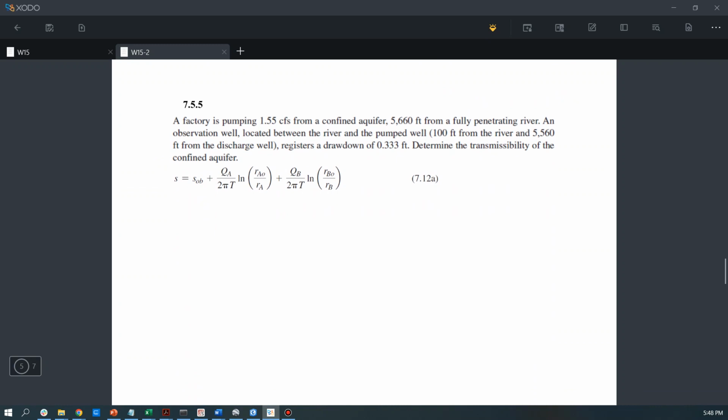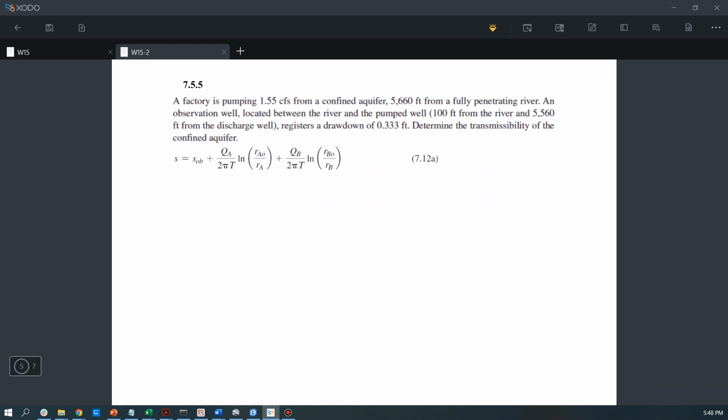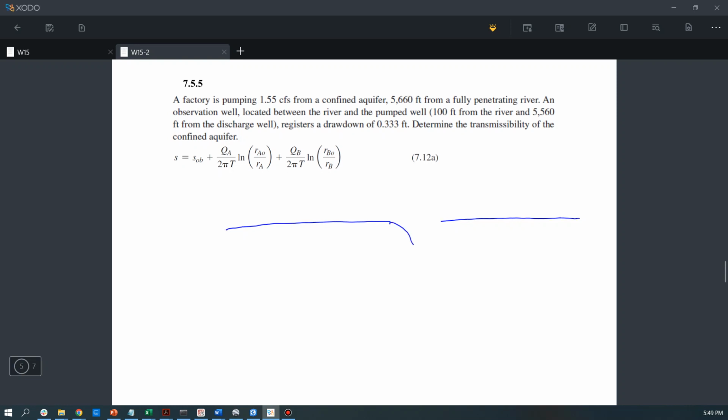Okay, let's move on to the next one, problem 7.5.5. So we have a system set up like this. And this is the ground. And we have a river here. And the factory is pumping. They have a pump well 5,660 feet away from the fully penetrated river.